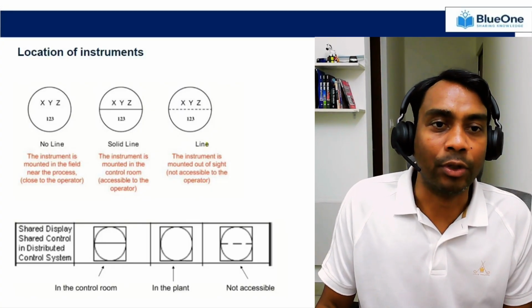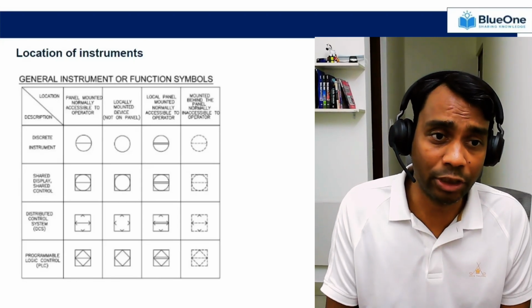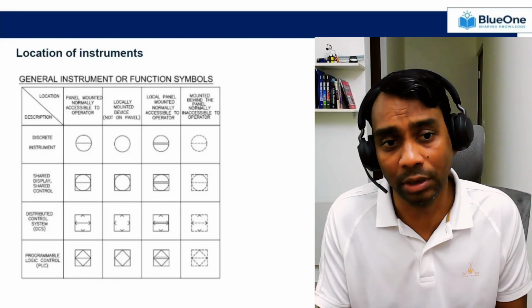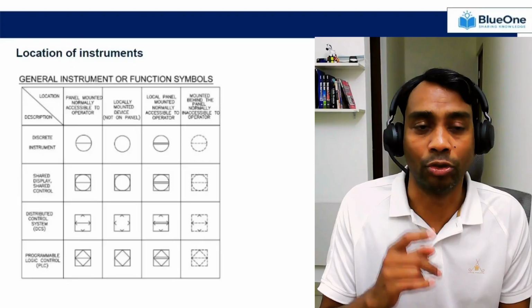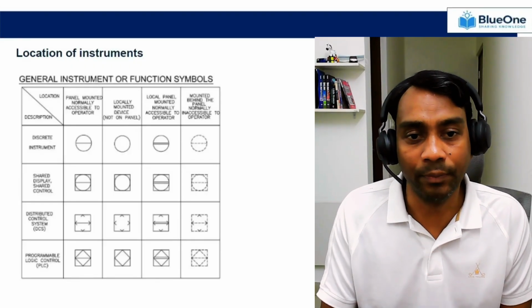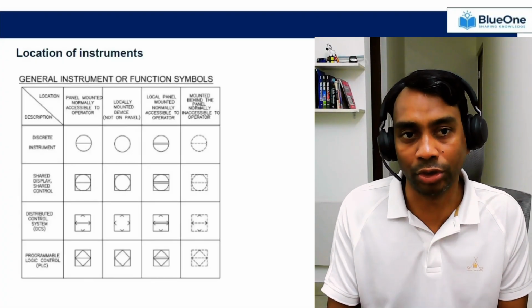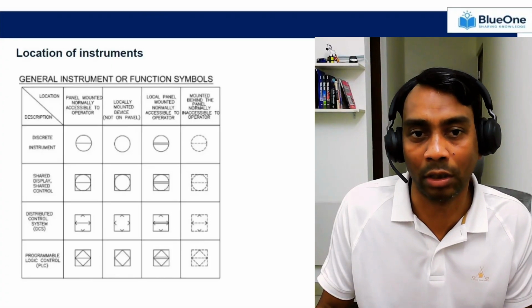So if we go back and see here, there are discrete instruments, there are shared display instruments, and there are distributed control systems as well as your interlock diagram. Any particular symbol with the diagonal or the diamond indicates that those particular instruments are associated with a particular interlock in the plant.